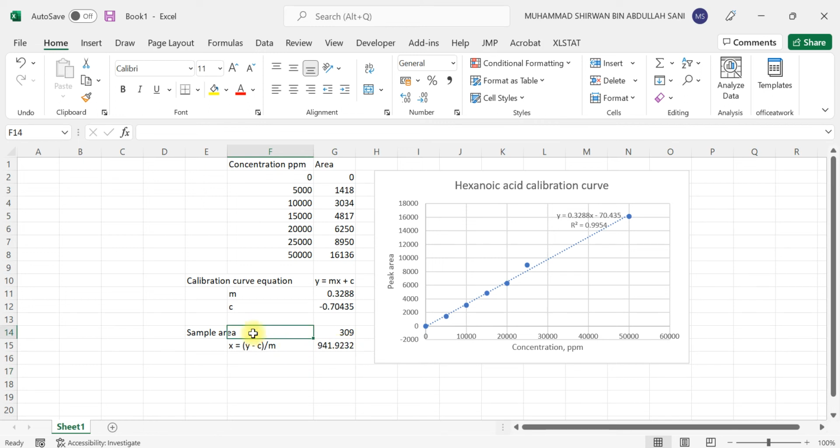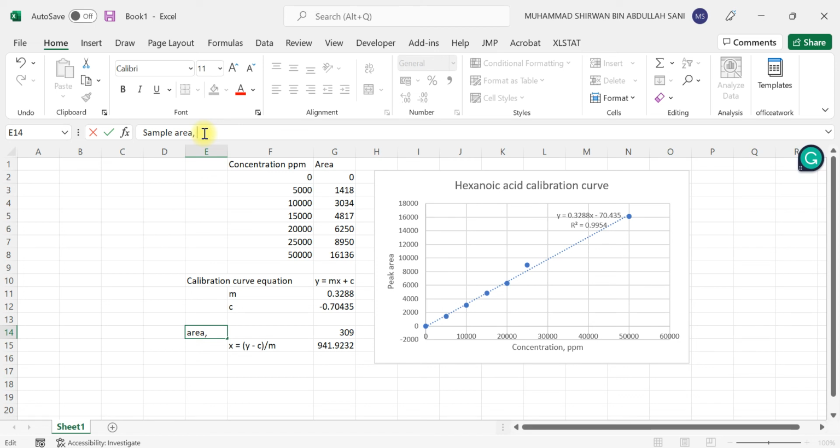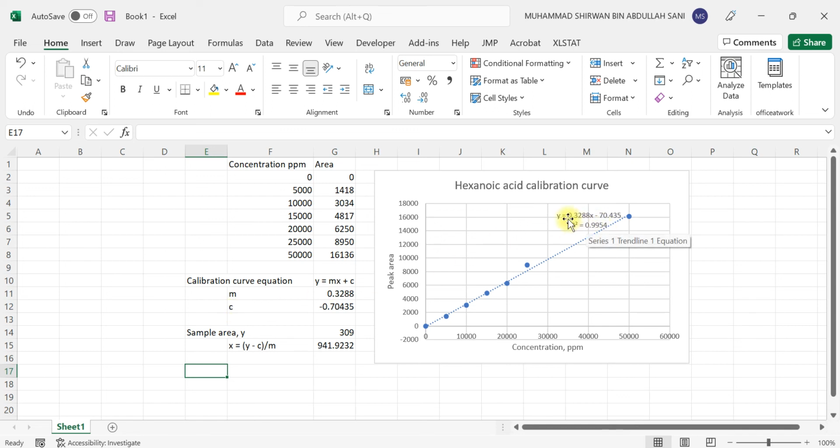So let me explain again. The sample area is y. From this equation, y equals mx plus c, the m is the slope, 0.3288. I'm sorry for the wrong information. The c is the intercept, which in this case is negative 70.435. It goes here as the intercept, and the sample area is y.